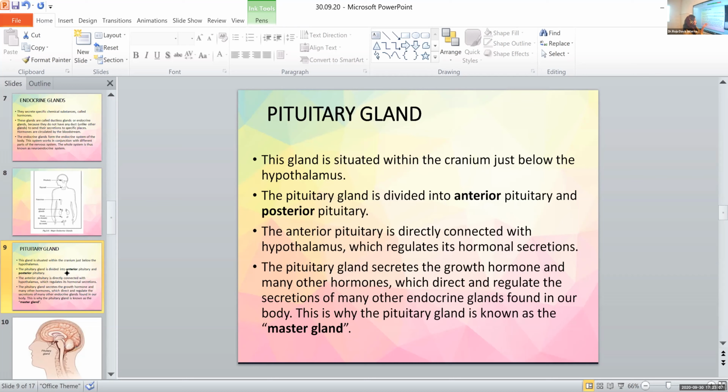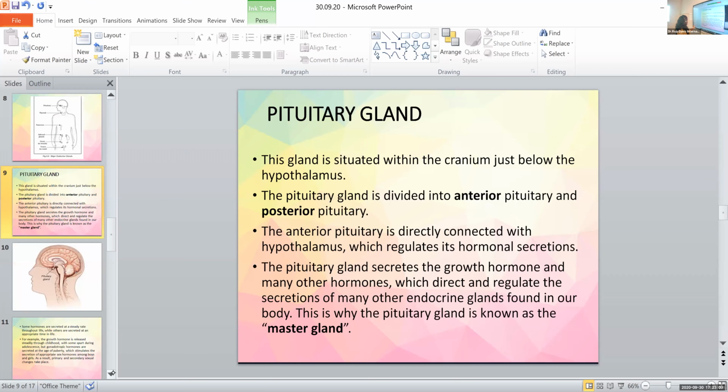Regarding the posterior pituitary, not much is given in your textbook, but just note that generally the posterior pituitary doesn't produce hormones of its own. It collects and stores the hormones produced by the hypothalamus and uses them whenever needed.